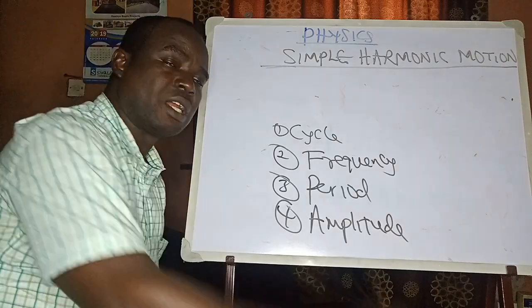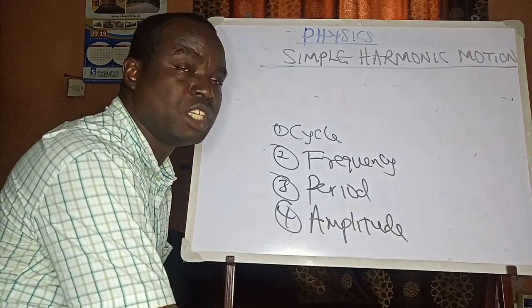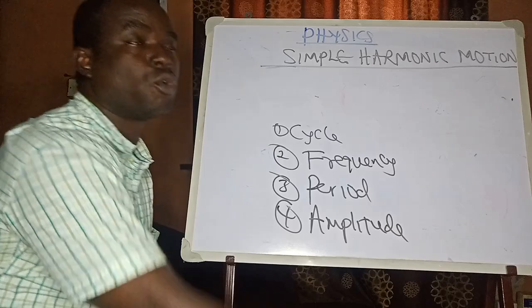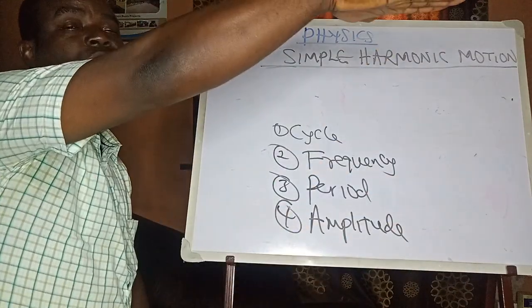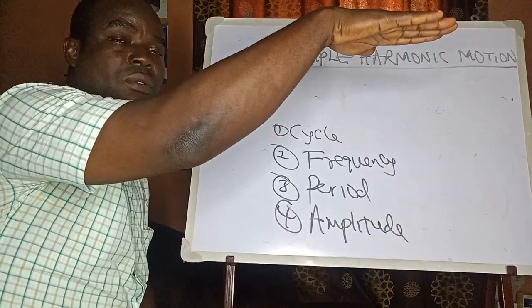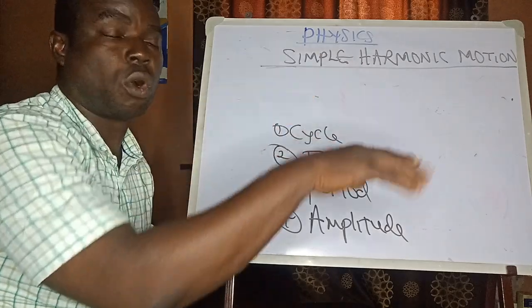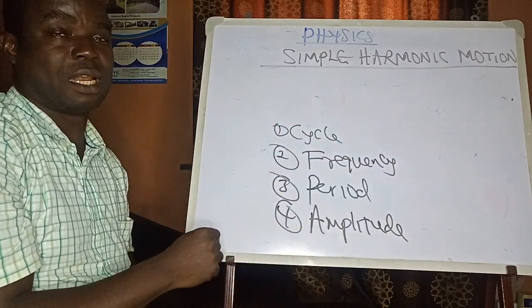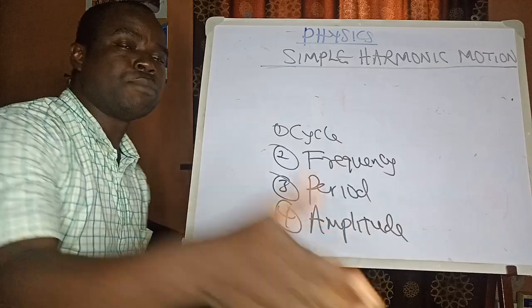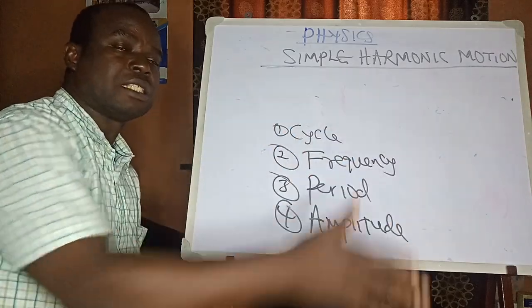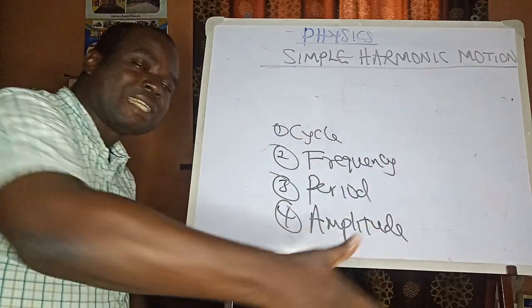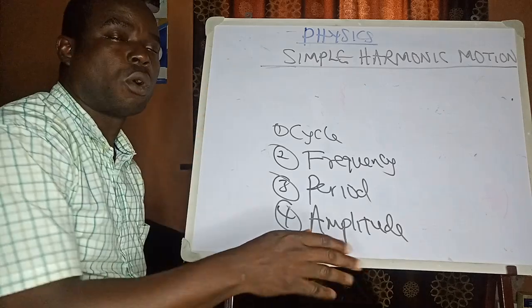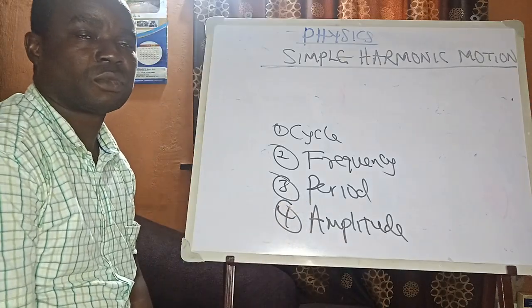When the ball lands on the ground, it will rebound, and then go up. The highest height to which it can get when it rebounds is what we call amplitude. Is it clear? For a simple pendulum, as it is oscillating like this, the highest height it can get is called amplitude. Are we good?